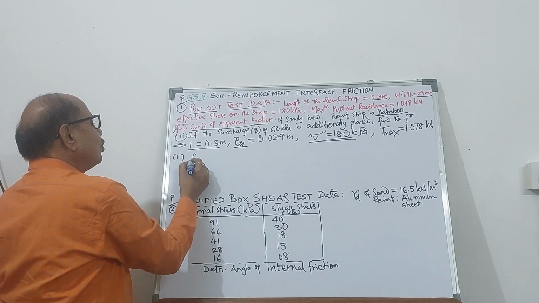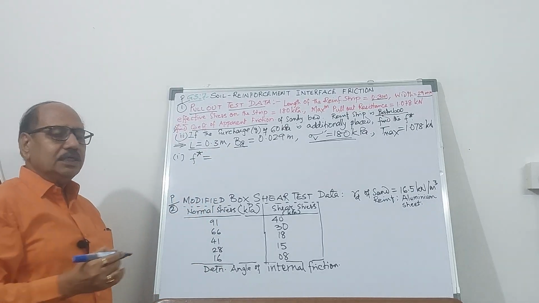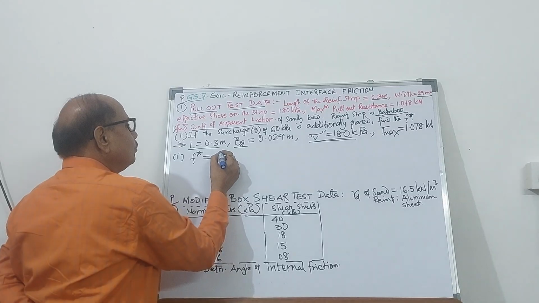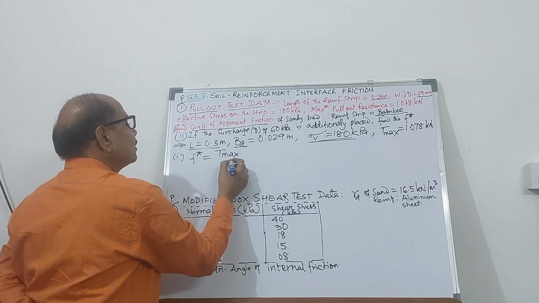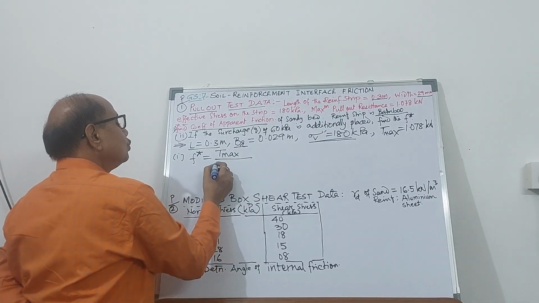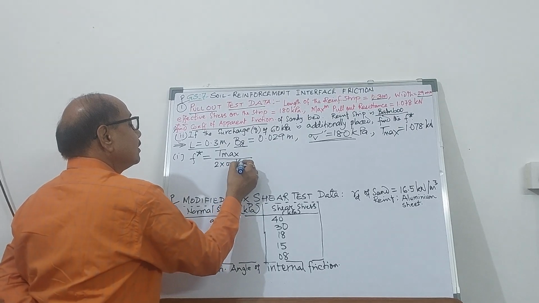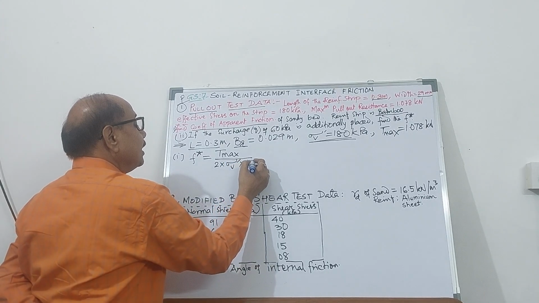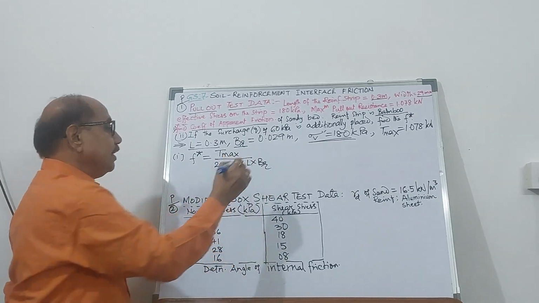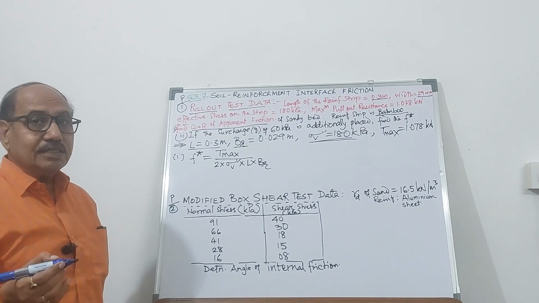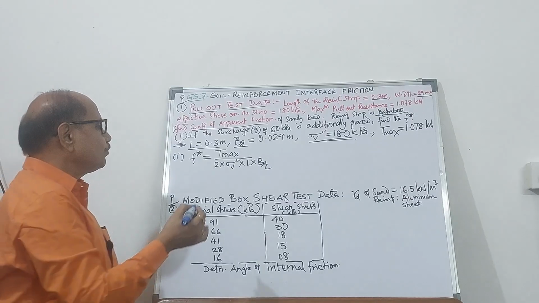As you have seen in the previous video, it is given by the maximum pull-out force, T max, upon 2 times the effective vertical stress multiplied by the length multiplied by b_R. This is the expression I covered in my previous video, and you are all well aware of it.